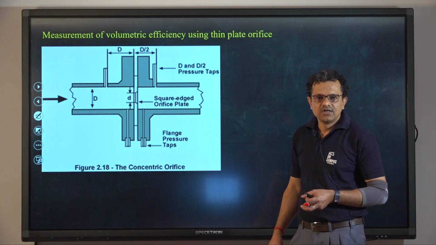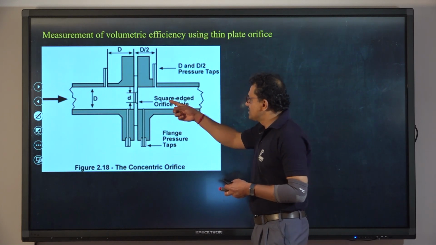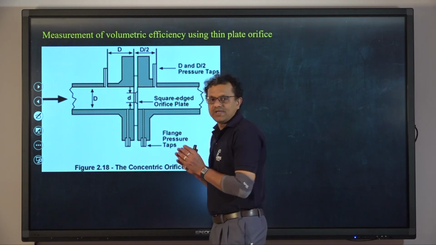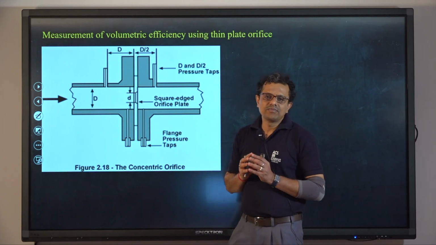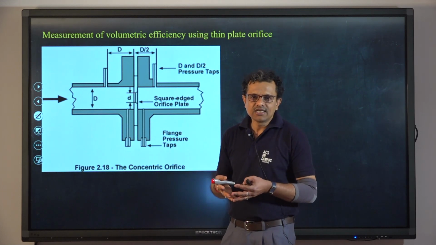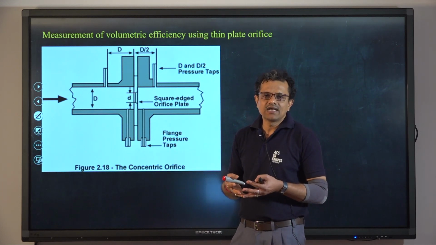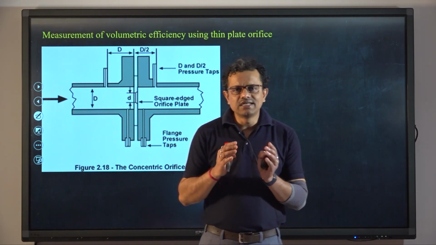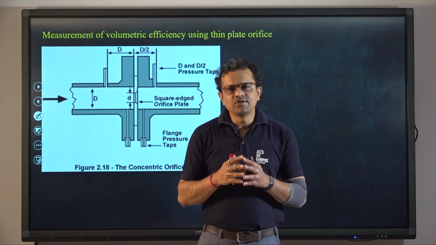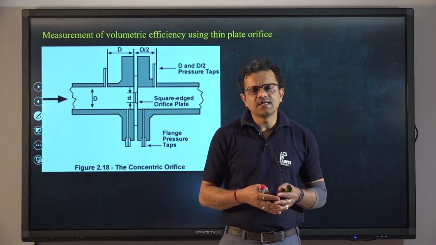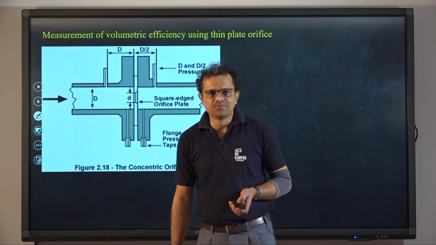This is a thin plate orifice which is used to measure the actual mass flow rate of air to be drawn into the engine cylinder. Theoretically, we can calculate it, and that is a function of cylinder design, displacement volume of the cylinder, speed, ambient air temperature and pressure, and all these things are important.